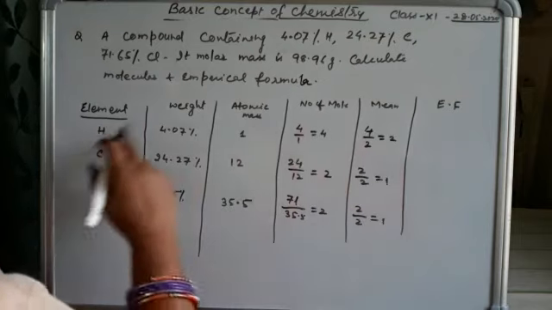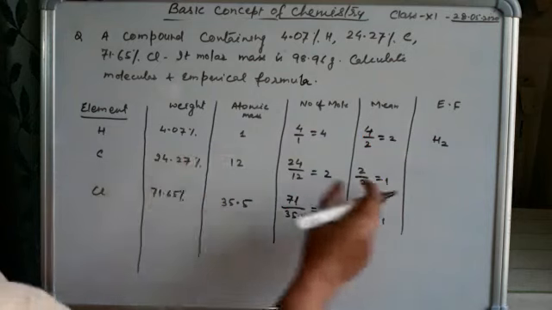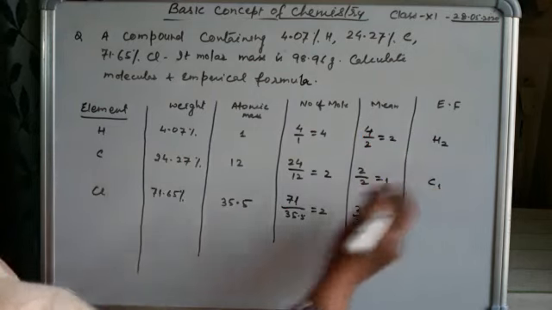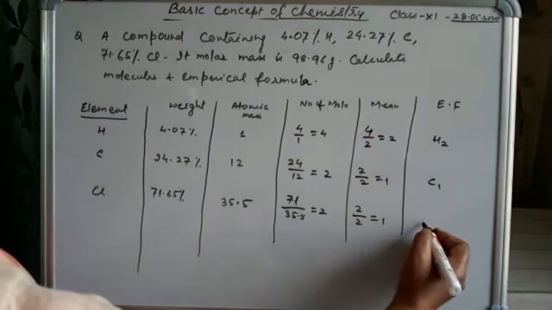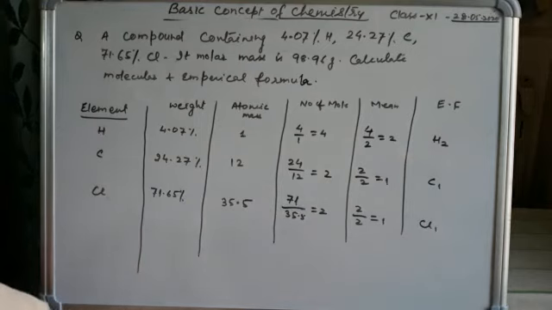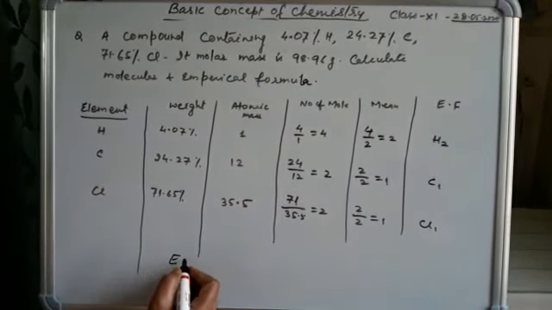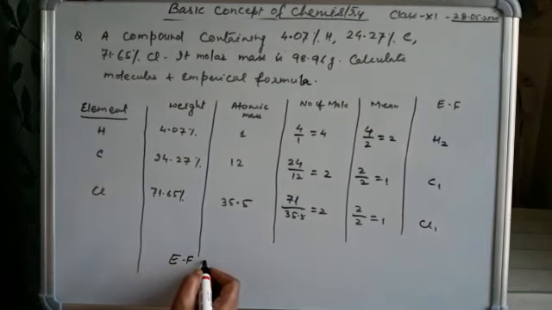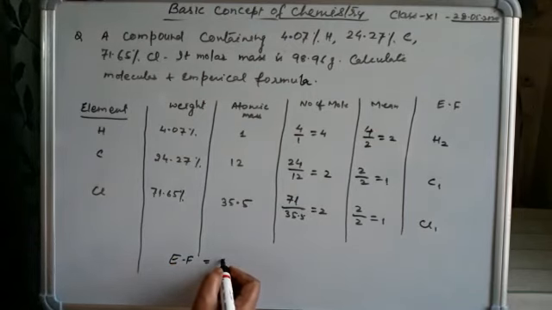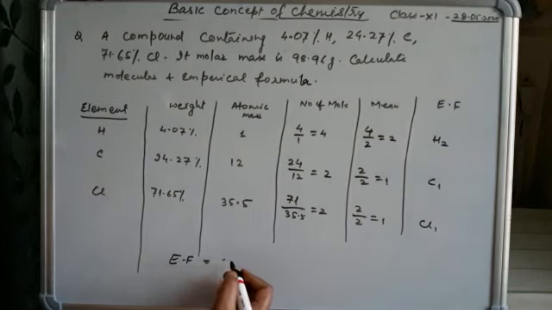So hydrogen becomes H2, carbon becomes C1, and chlorine also becomes 1. So the empirical formula is 2 hydrogen, 1 carbon and 1 chlorine.